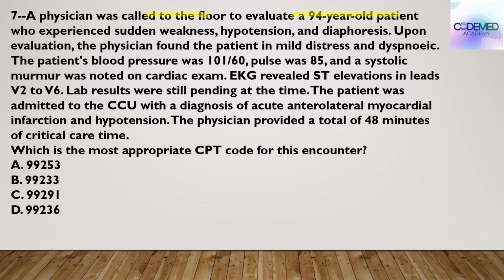EKG revealed ST elevation in the leads V2 to V6. Lab results were still pending at the time. The patient was admitted to the CCU with the diagnosis of acute anterolateral myocardial infarction and hypotension. The physician provided a total of 48 minutes of critical care time. Which is the most appropriate CPT code?